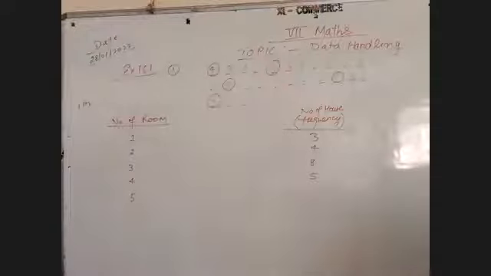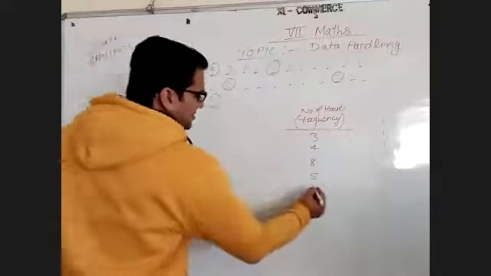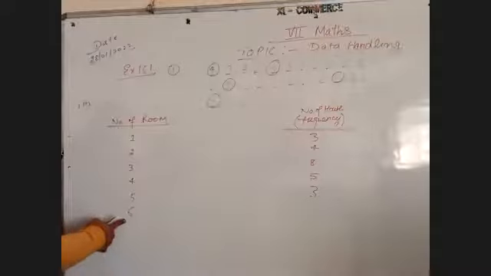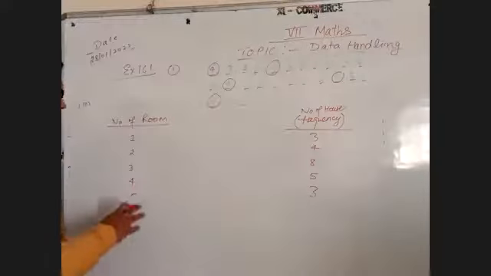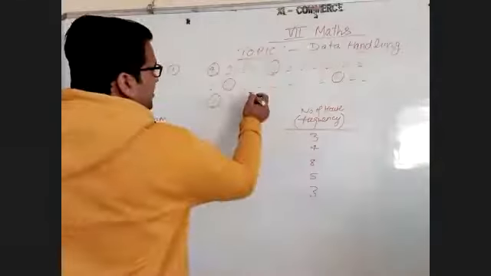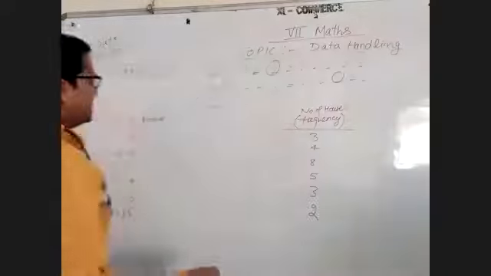How many times 5 is repeating? 5 is repeating only 3 times. 1, 2, 3. And now 6. What is the frequency of 6? Frequency of 6 is that how many times 6 is repeating, that become frequency of 6. So frequency of 6 is repeating only 2 times, this number and this. So this will become 2.